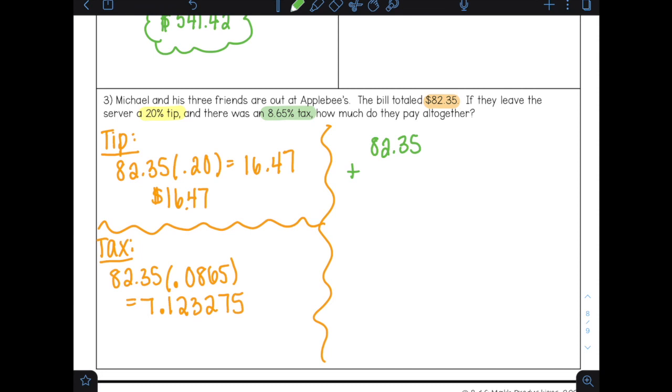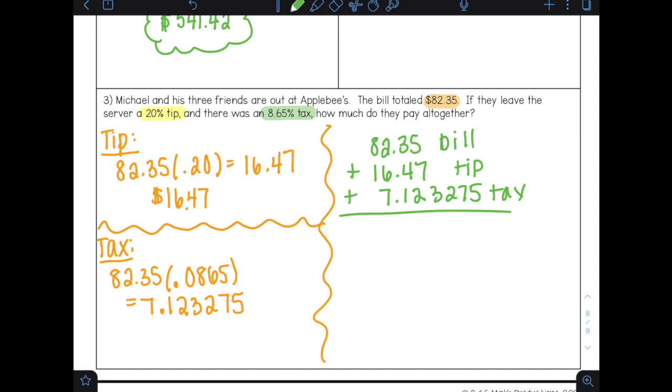I'm going to add my $16.47 for the tip and my 7.123275. So again, my tip, my tax, this is the bill, and this is going to be my final bill. So I'm going to get 105.943275, and I would have $105.94 is my total bill.